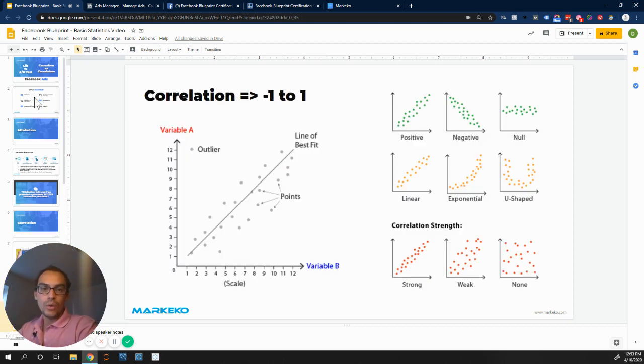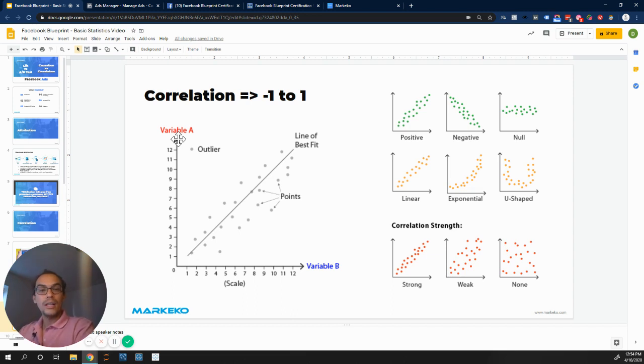Usually when we talk about correlation, you go from -1 to 1. And so if you look at this graph, you have variable A and variable B, which could be, let's say, CPC and results, or CPC and engagement. So the higher my engagement, the lower the cost of my CPC.